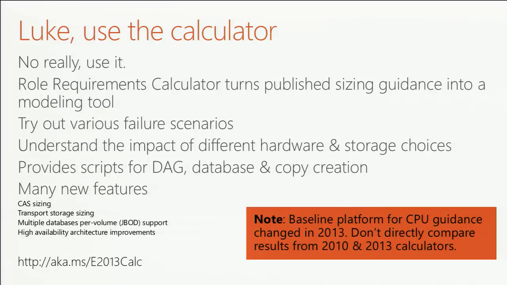Now, the documentation that's out there on the blog today for sizing 2013 defines all of the formulas that are used behind the scenes in the calculator. This is the first release where Ross and I really worked very closely together rather than kind of in separate rooms and going off in slightly different directions. And we made sure that all of the examples in that blog post are perfectly aligned with what you get in the calculator.